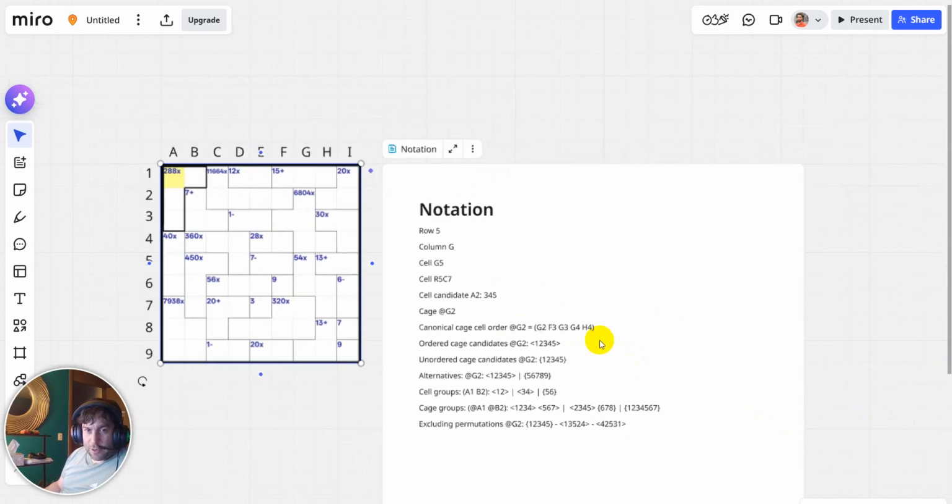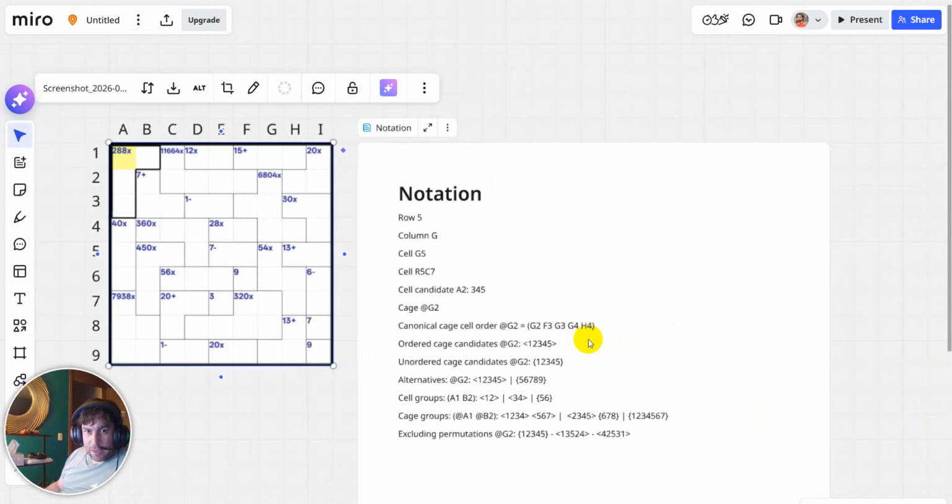Sometimes we need to talk about cage groups. Then, instead of using cells, we put cages. But in this case, to be clear where the cage ends, we also separate them with space. For example, like here we say cage A1. So cage A1 is this cage, and cage B2 is this cage.